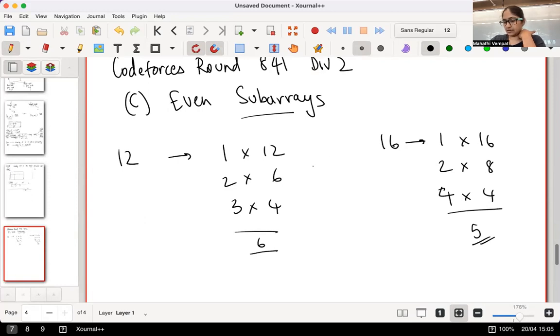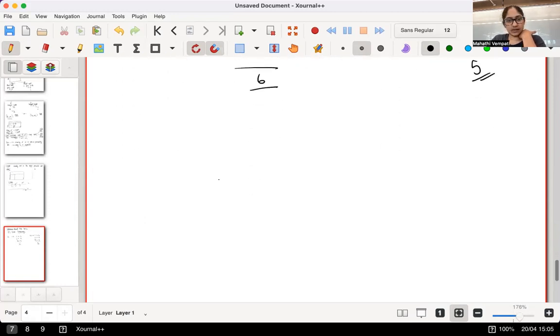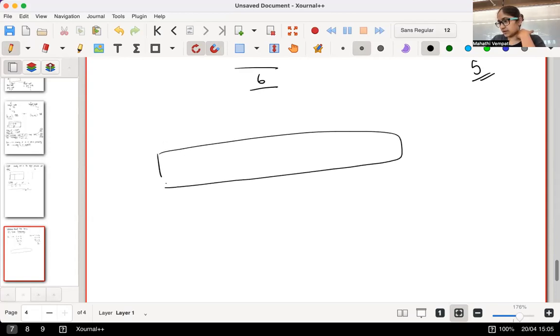Okay. And the constraints are as follows. You're given an array of length n, where n is less than or equal to 2 times 10 to the 5. Each element a_i is also less than or equal to n, right?